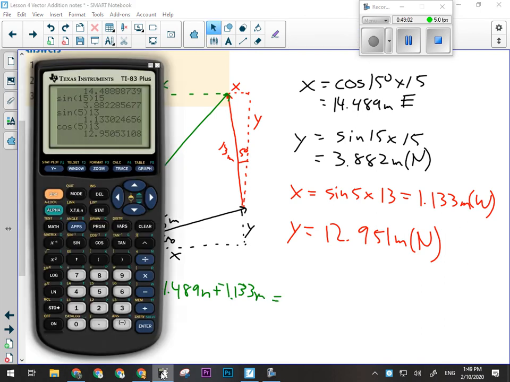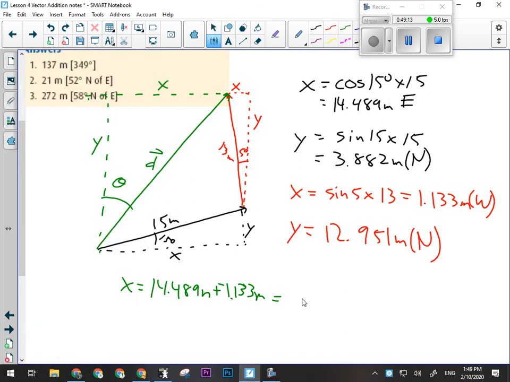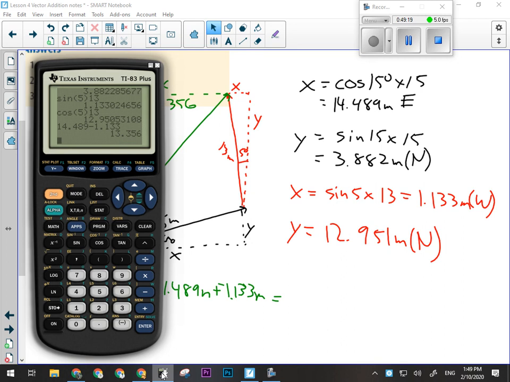I'm just going to shortcut here, guys: 14.489 minus 1.133 gives us 13.356. So this side's 13.356. Our Y components are both north, so we just add them: 3.882 plus 12.951 is 16.833.